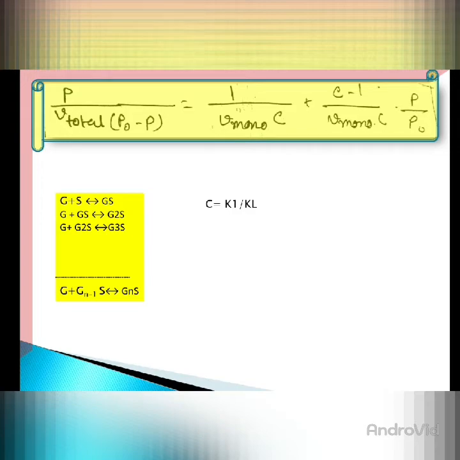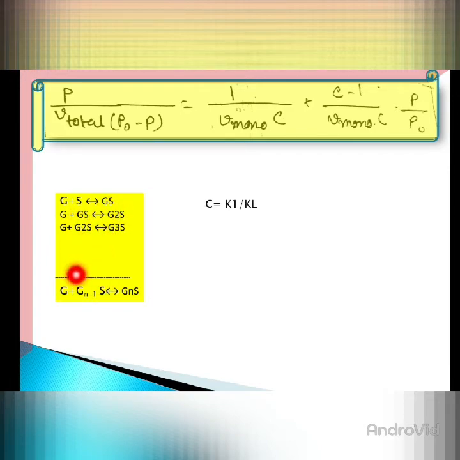For the BET isotherm, multilayer formation occurs. G stands for gas, which is the adsorbate, and S is the adsorbent. Then G plus S at first forms GS, then G again forms G2S, then again G to G3S, like that.